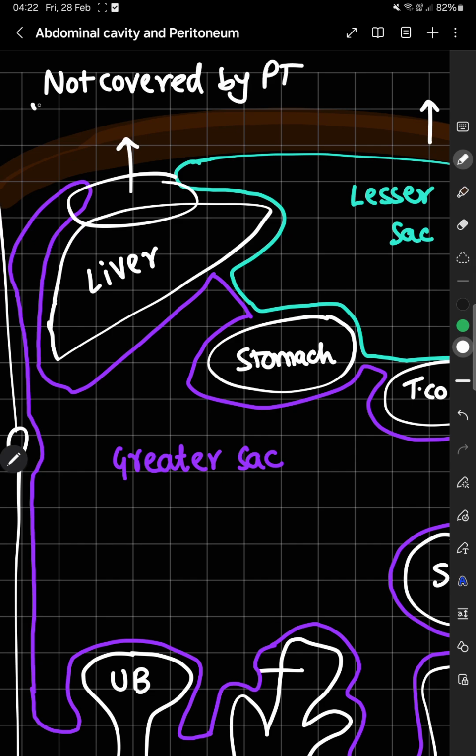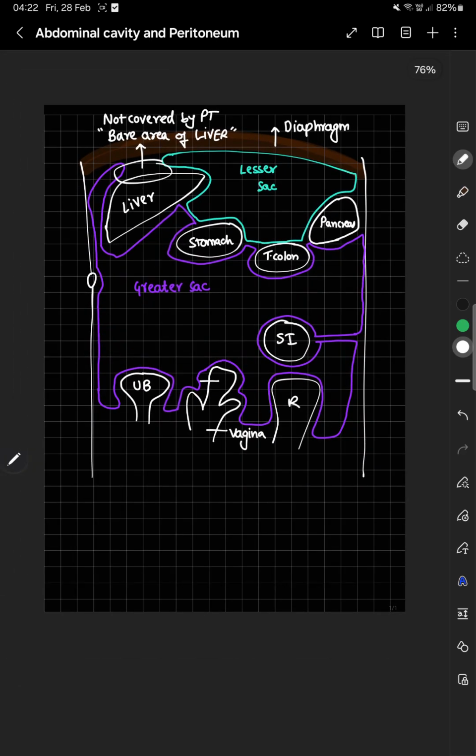This area is known as the bare area of liver. It has no peritoneal covering, and that area has some clinical significance. Maybe we will look into this.